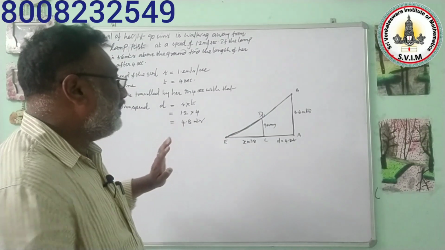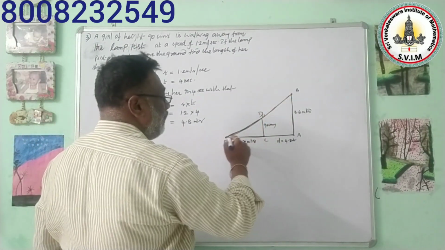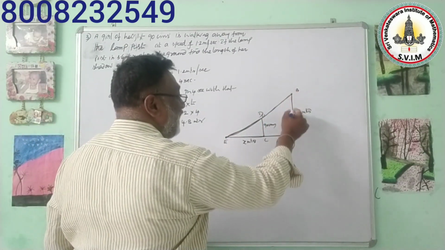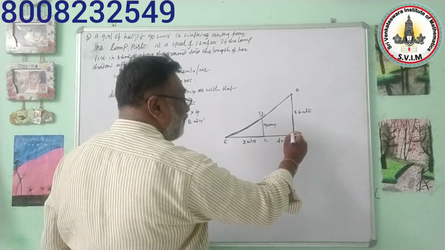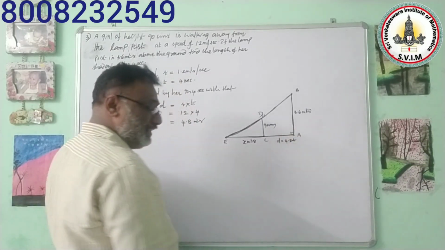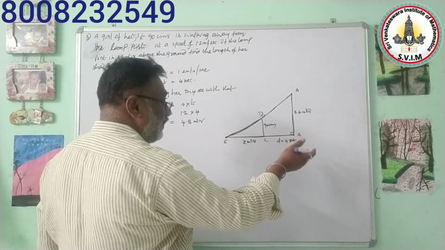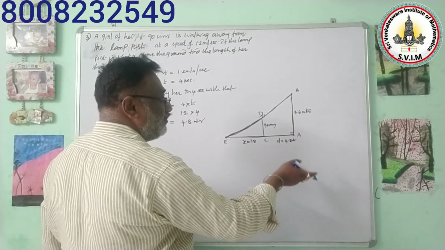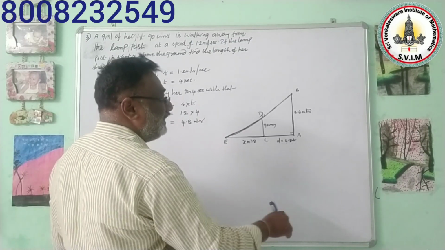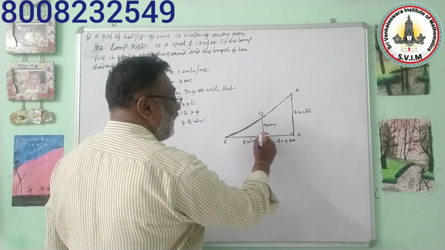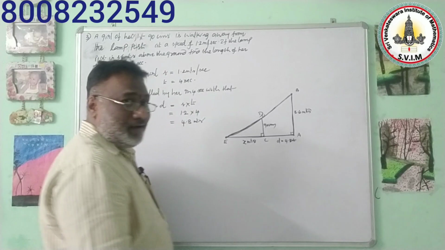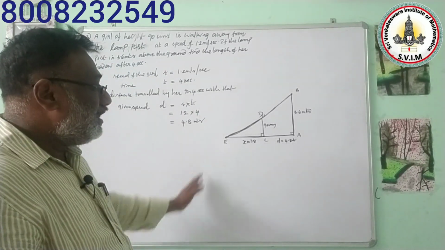So now listen to me. This is the main triangle, and this is the lamp post. A lamp post is always perpendicular to the earth, and this is the girl. That girl is also in a standing position. Whenever an object is standing on the earth, it makes a 90 degree angle with the ground.